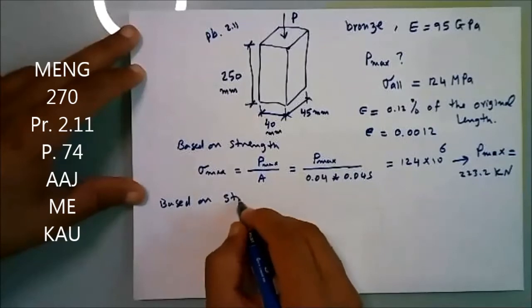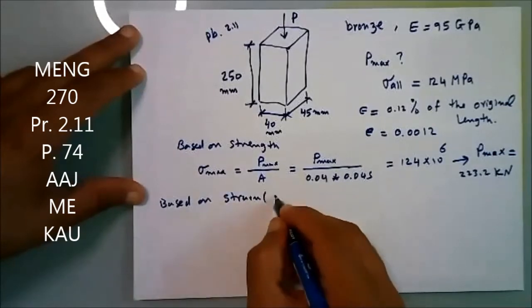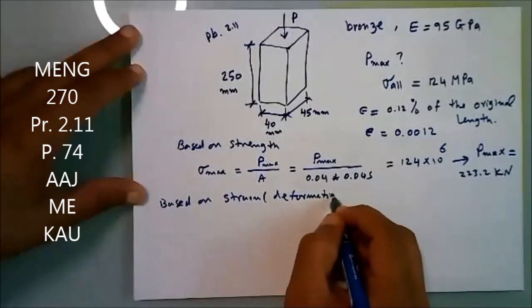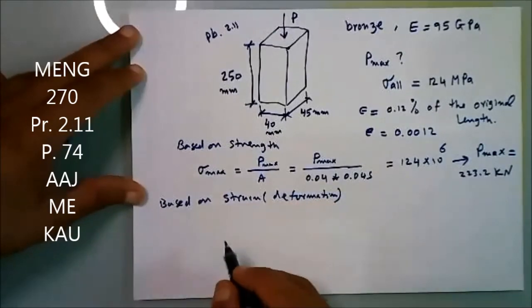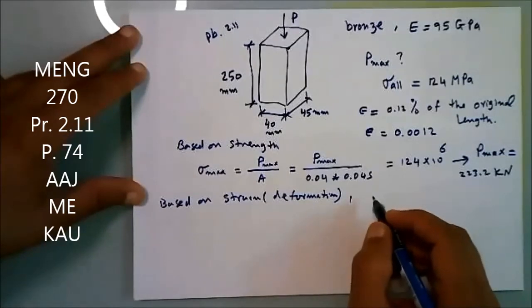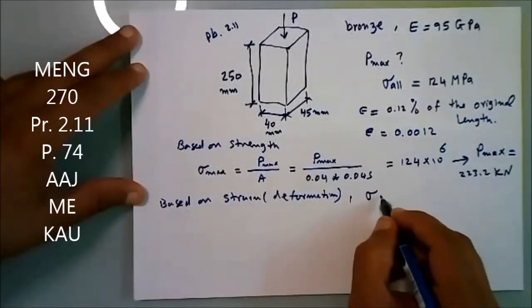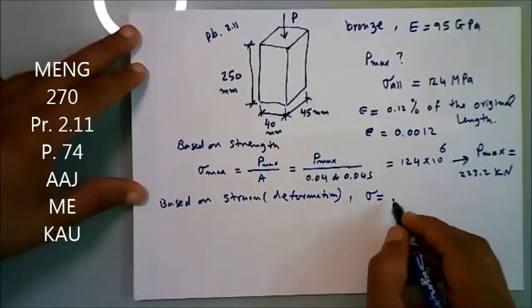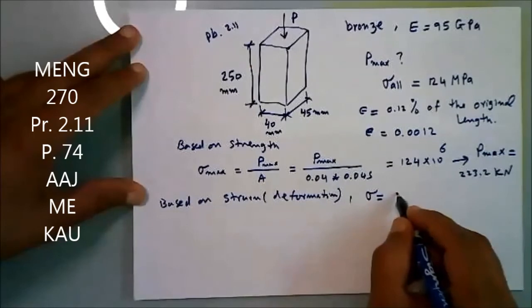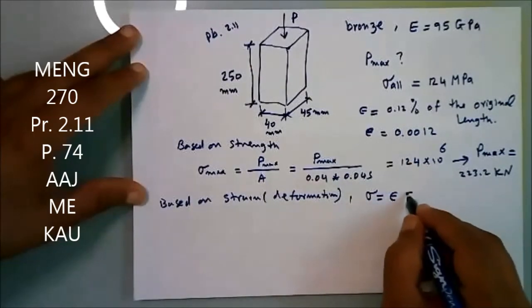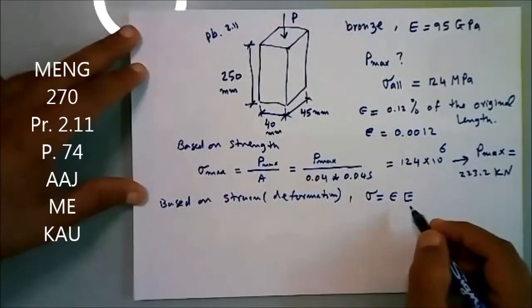Now based on strain, which is deformation. Okay. If you go back to Hooke's law, we studied in this course, it was given to us as stress is equal to strain times the modulus of elasticity.